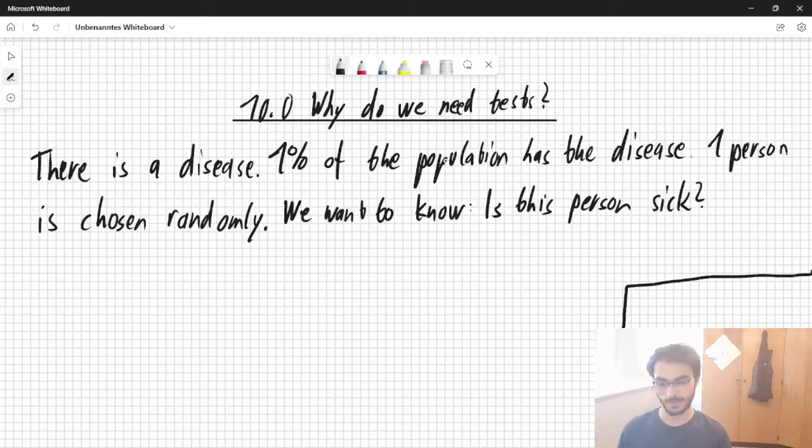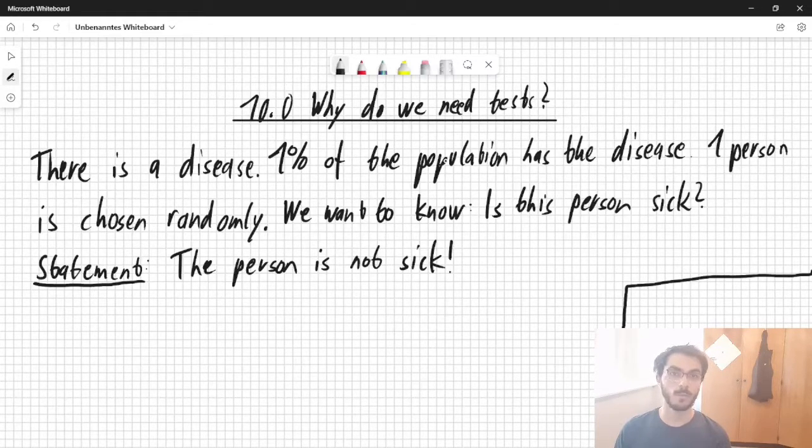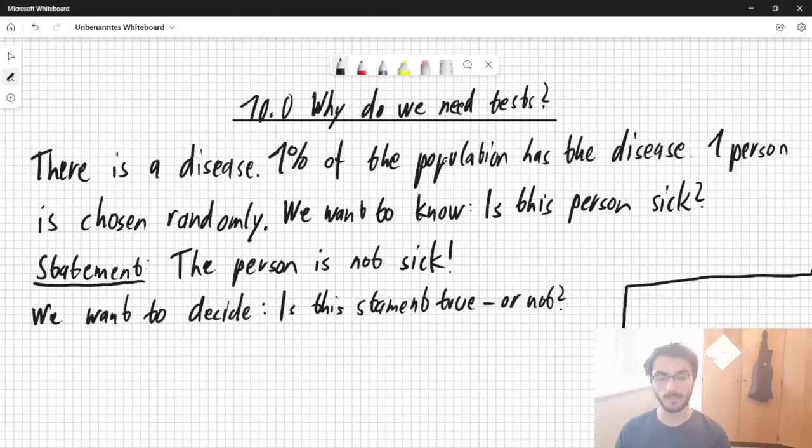We have a statement. The statement, for example, could be, the person is not sick. And we want to make a decision. We want to decide, is this statement true or is it not true? I phrased the statement in this particular way because this is sort of our baseline, and this is usually how people indicate the null hypothesis.